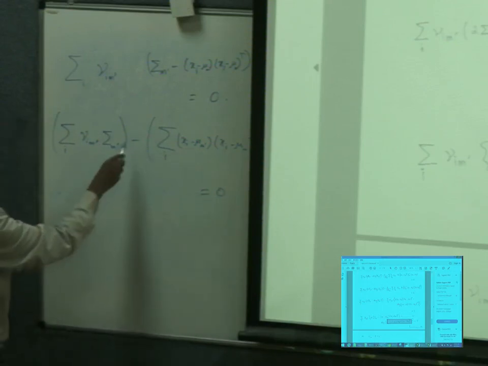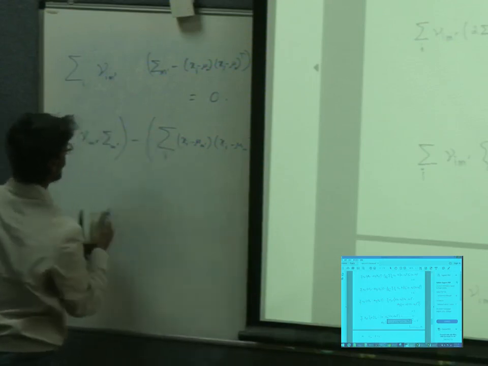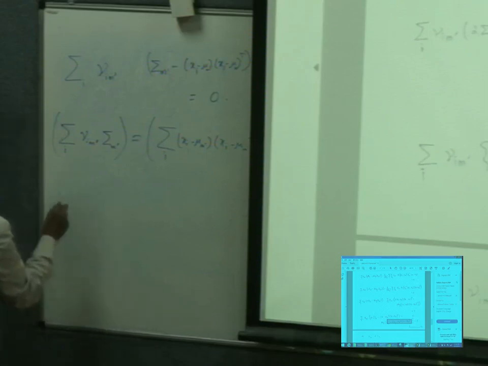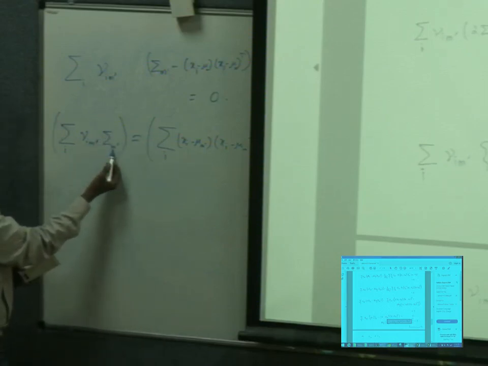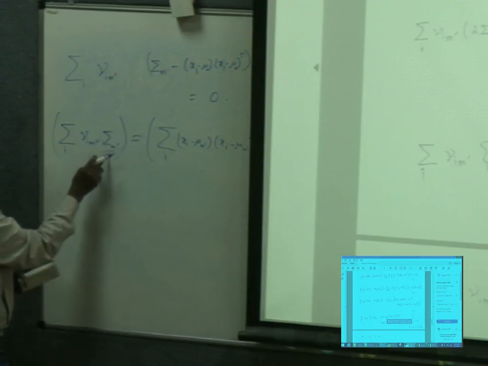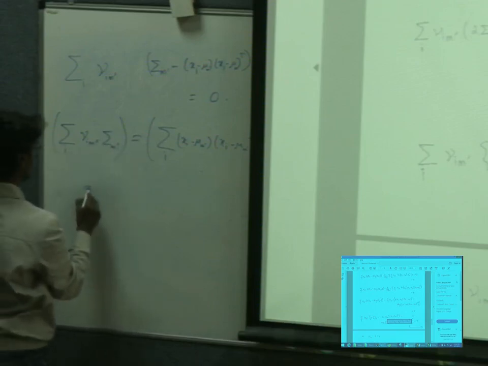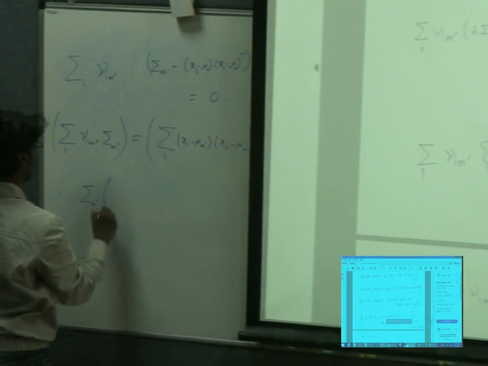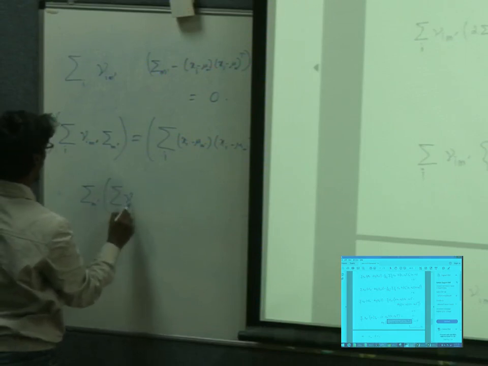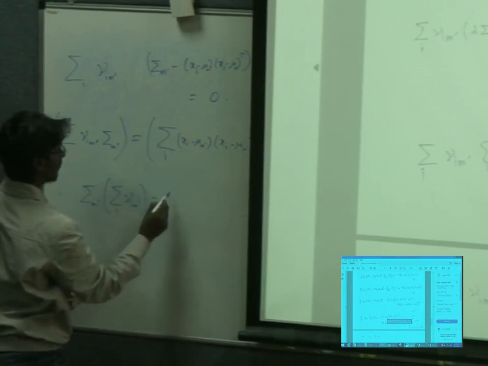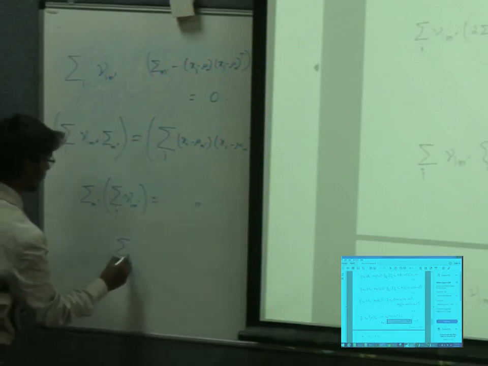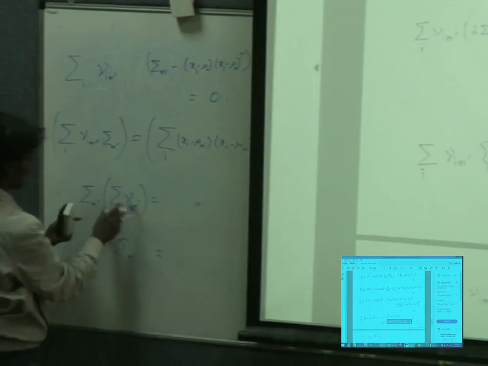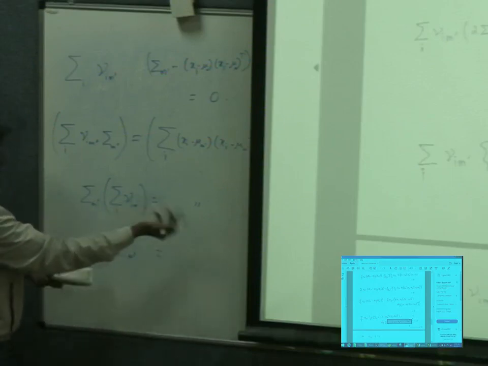So just take this to the right, we'll have something like this, and this is not indexed over i, right? So you can take this outside. And sigma m is finally a scalar quantity, so you can just simply divide it.